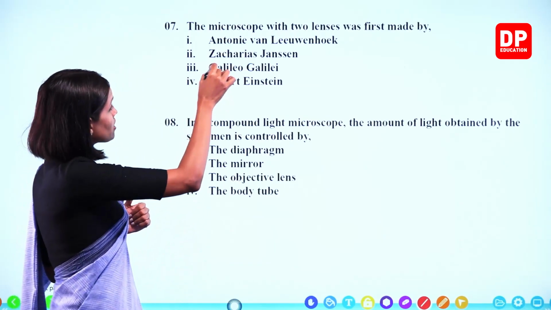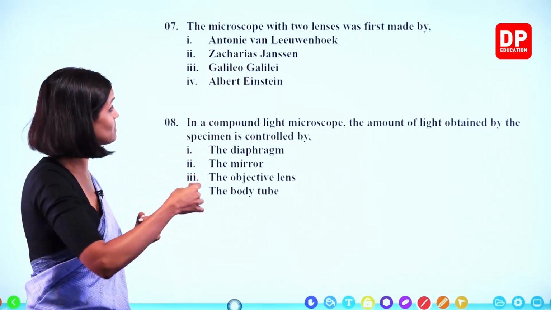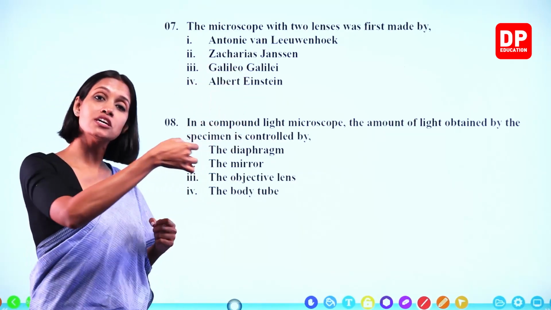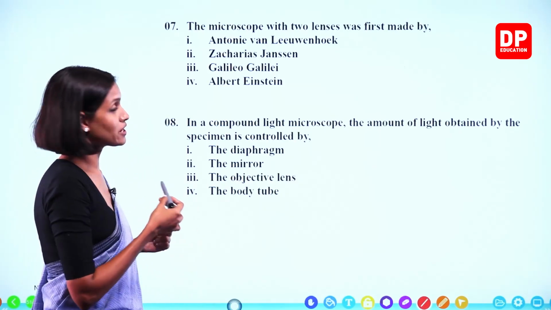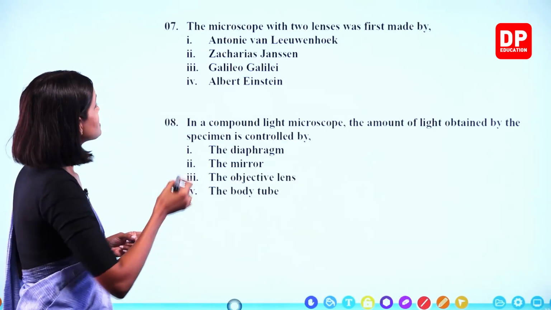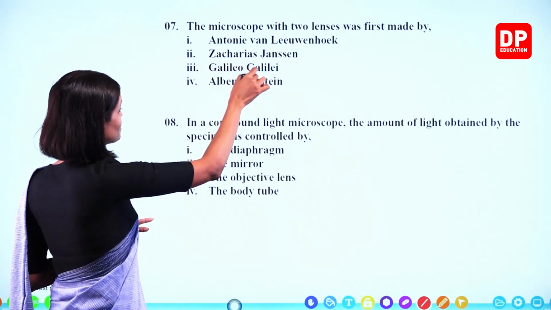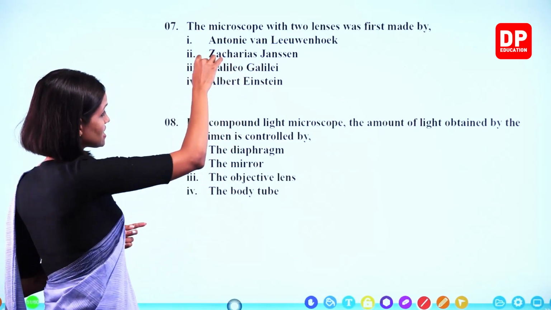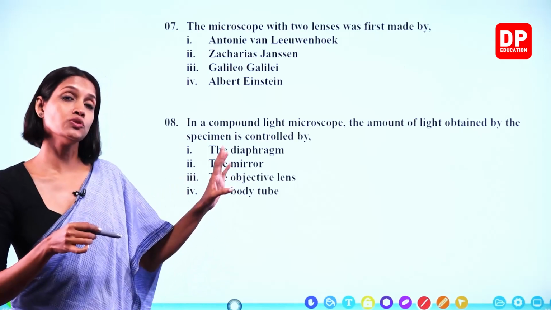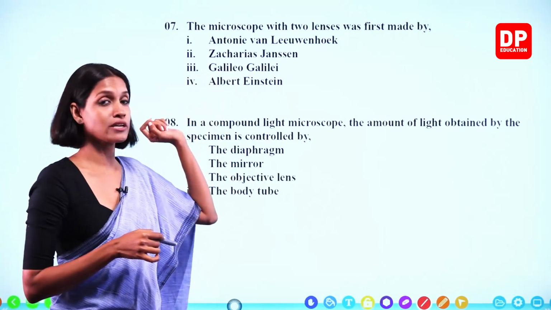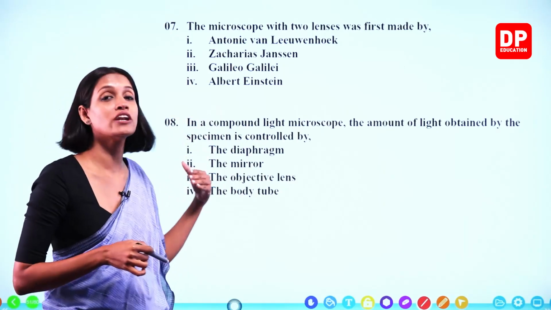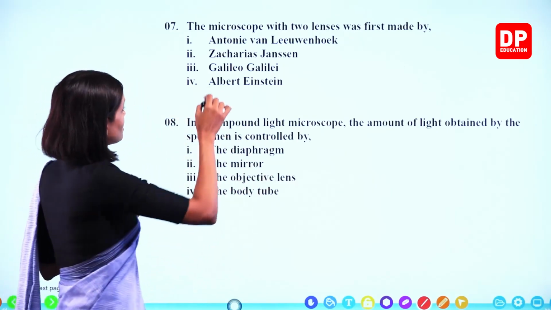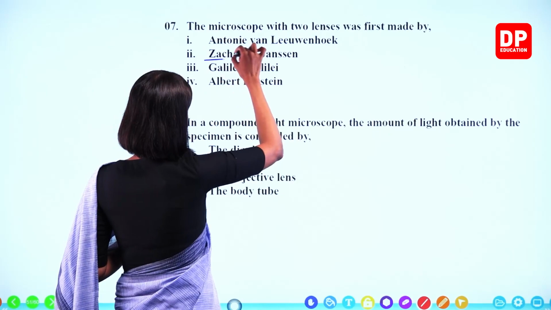Antony von Leeuwenhoek actually developed it, and he is the first person to observe microorganisms under the microscope made by him, right? Zacharias Janssen, Galileo Galilei, Albert Einstein. Answer is Zacharias Janssen. Even though he invented the microscope, it was not powerful. Its magnification was only 9 times. Okay. Anyway, the answer is Zacharias Janssen.